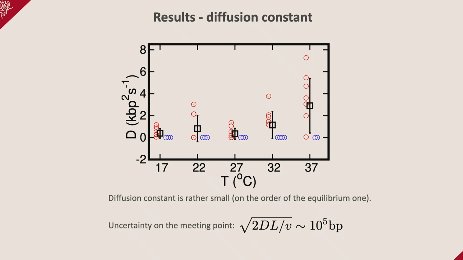In fact, it is comparable with the equilibrium estimate for the diffusion constant for a macromolecule of the size of the replisome. So if you put it in a back-of-the-envelope estimate for the uncertainty of the meeting point, it gives you something on the order of 100,000 base pairs, which is consistent with other experimental evidences. So this seems like a reasonable number.